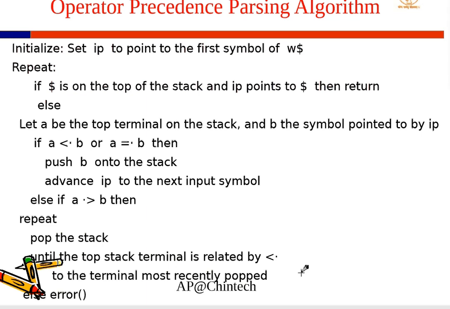Whenever you get the less than condition, up to that you will pop out. So this is the same case, whatever is in between can be considered as a handle, you can reduce it. So this is the concept, and then we can do this by using an example.